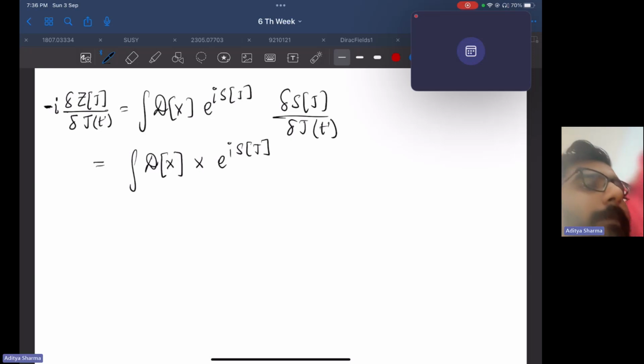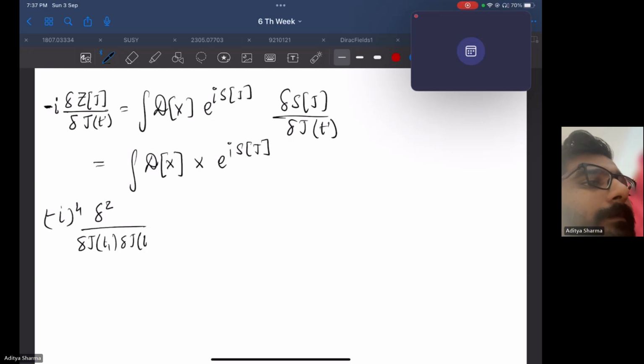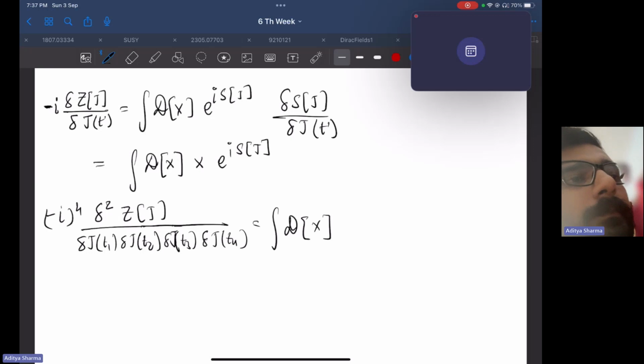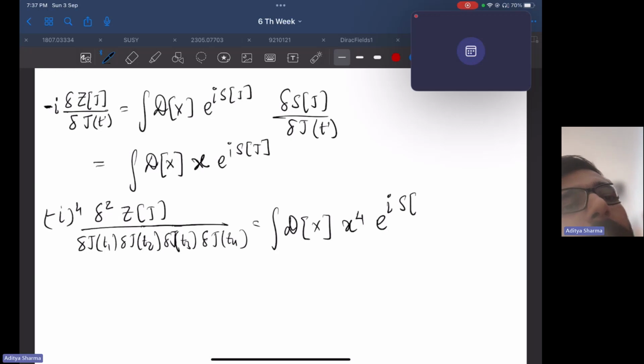Now, if I do this 4 times, so minus i to the power 4, j t1, j t2, j t3, j t4, I'm going to have x to the power 4, s of j.